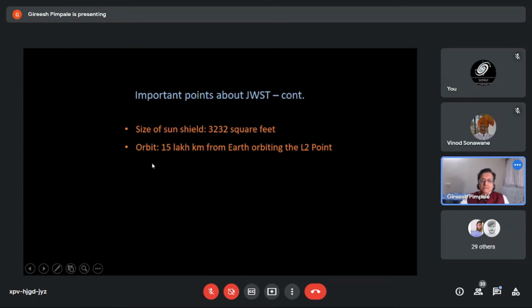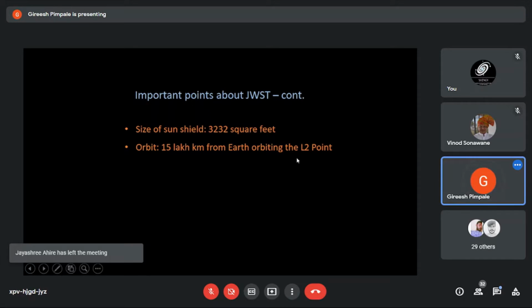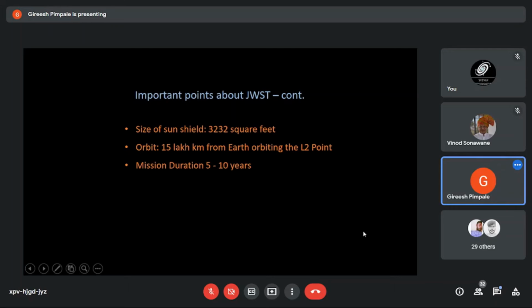And the most incredible thing about the telescope is its distance from the Earth. It is a distance of 5 lakh kilometers from Earth, and it is situated near a point called Lagrangian 2 point, L2 point. About this I will talk later.